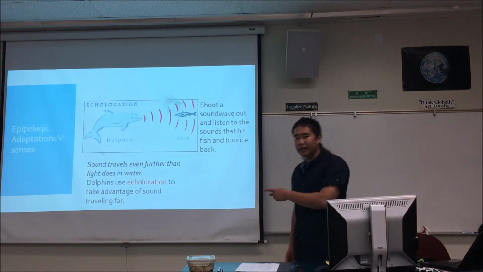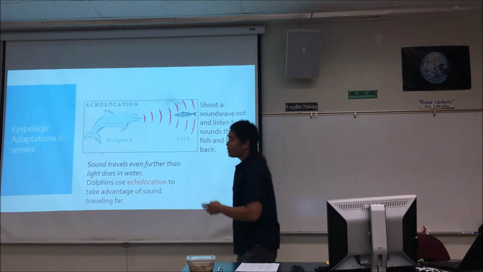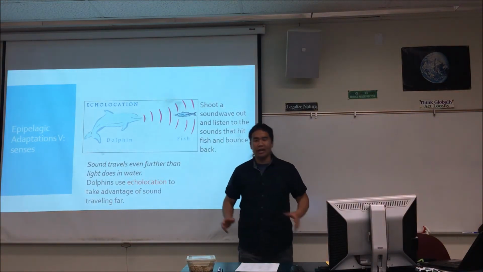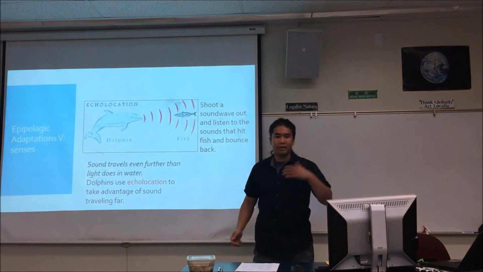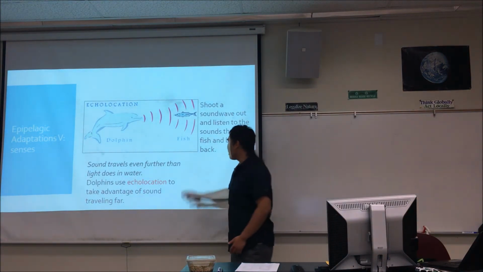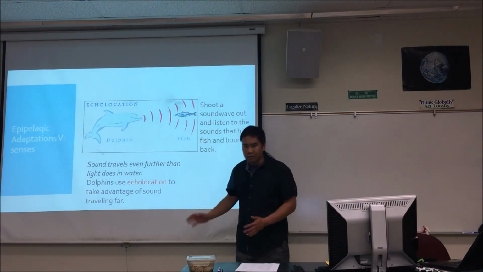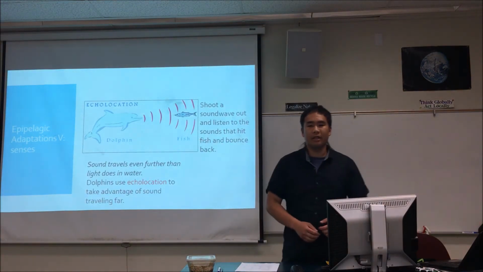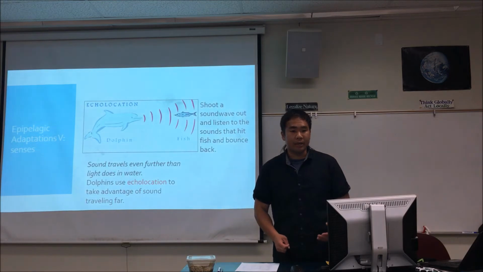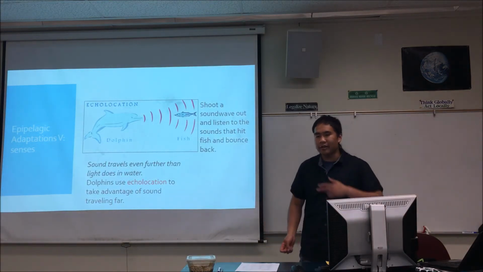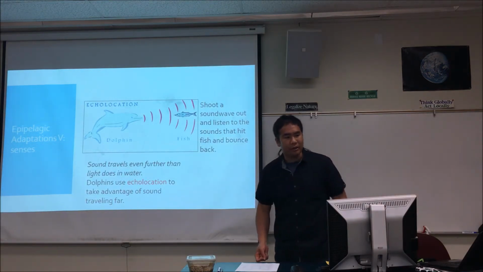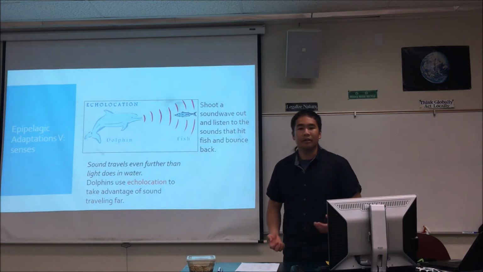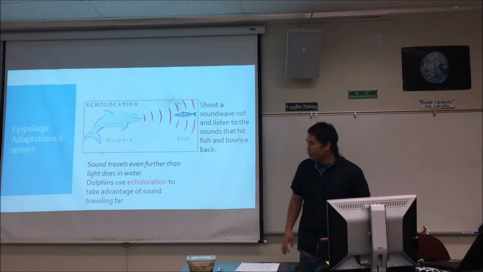Well, here's a dolphin, and the dolphin emits some sound, and that sound travels forward really far and bounces back off whatever is in its way. If it bounces off an object, a structure, or a fish, and the dolphin hears the waves as they return, then it knows it's there. The sound waves return faster if there's a closer object and slower if the object is far. If there's no object, the sound waves never return. That's their way of seeing.